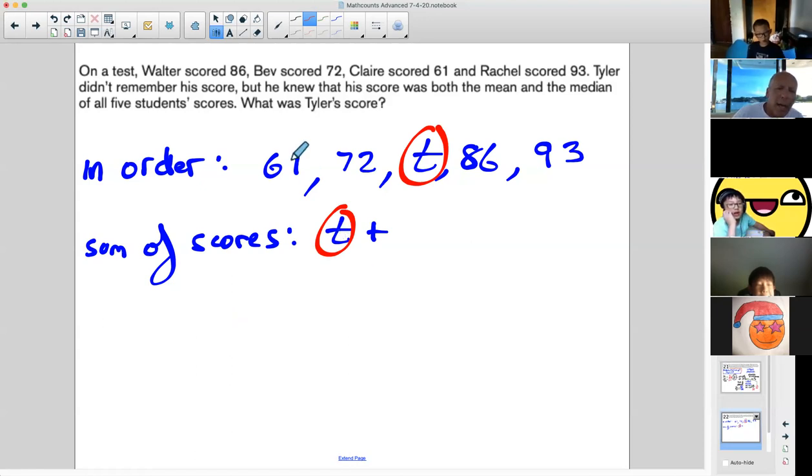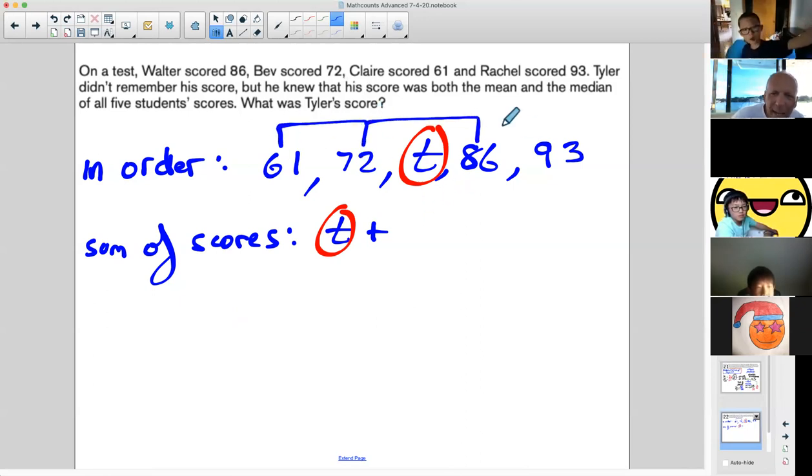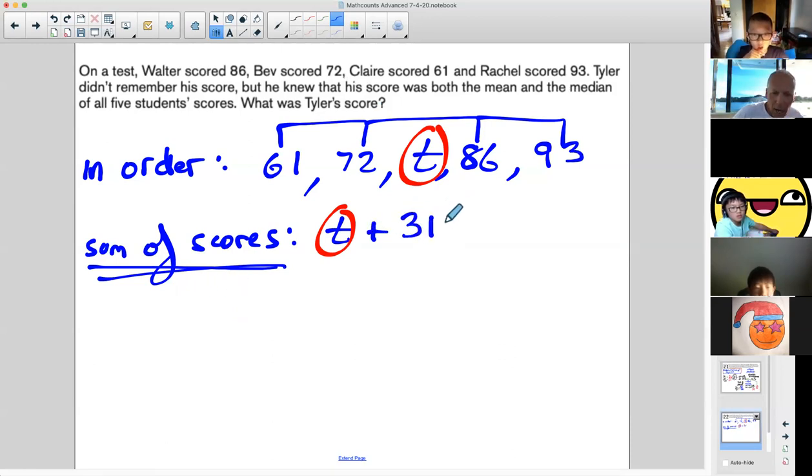T plus 61 plus 72 plus 86 plus 93 divided by 5. But I want to know what these guys add up to so I can have the sum of the scores. That's 312. Nice job.